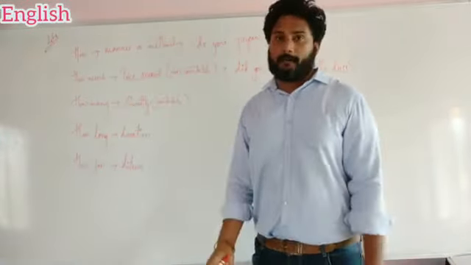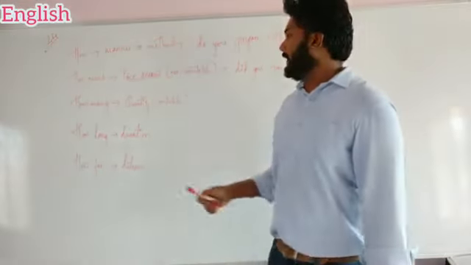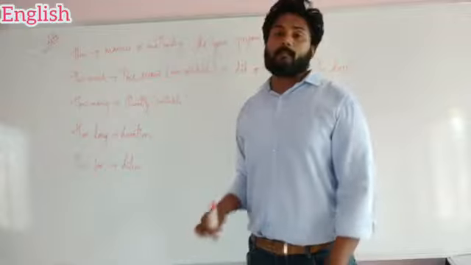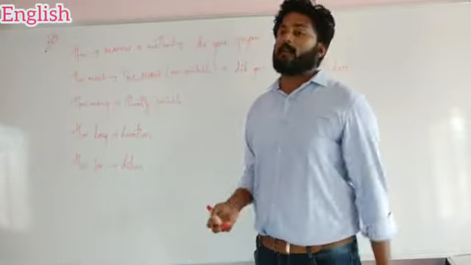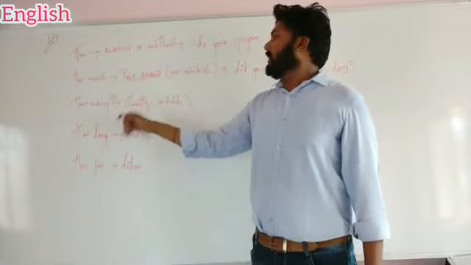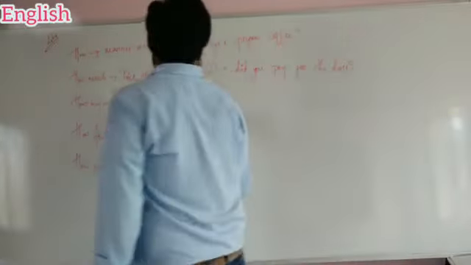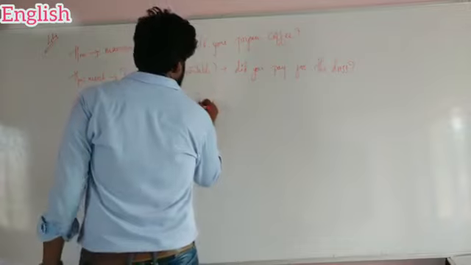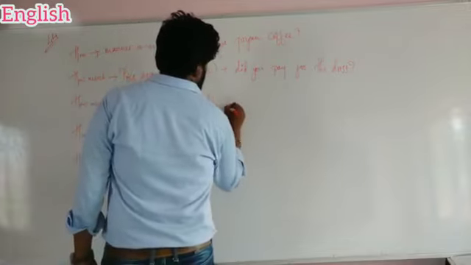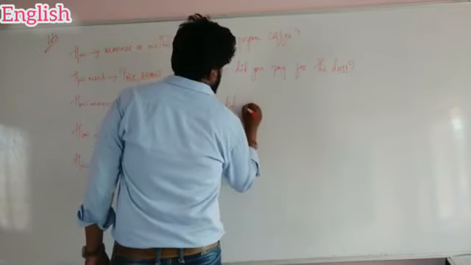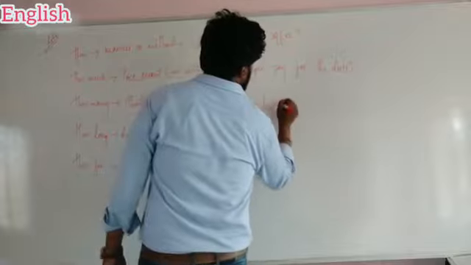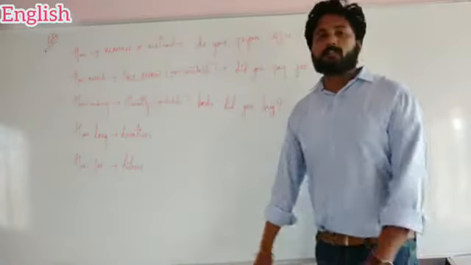Then how many? When you use the words how many, it shows the quantity. That means countable, easily countable. But when we use how much, it's non-countable. See, how many books did you buy?